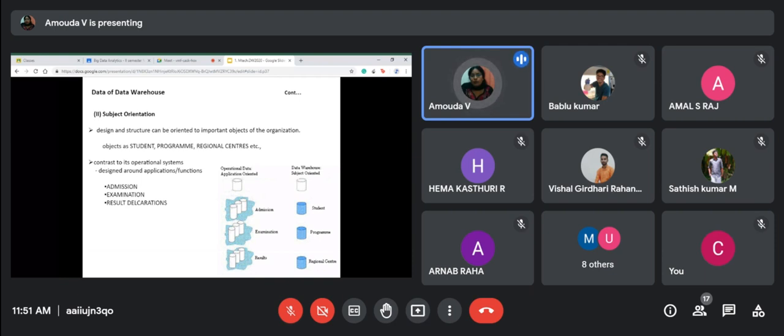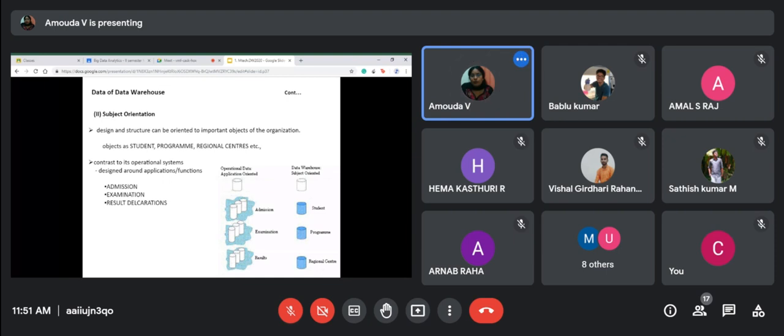For admission, examination, results, we have different databases and we combine them together. Here, if you take a data warehouse, it's not just the admission, it's the whole process of the student. Either it is admission or the requirement, whatever it is, the student is the subject. Examination not only for the course, registration, all this.